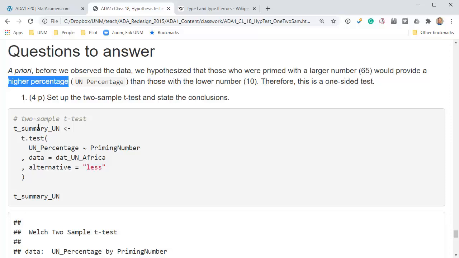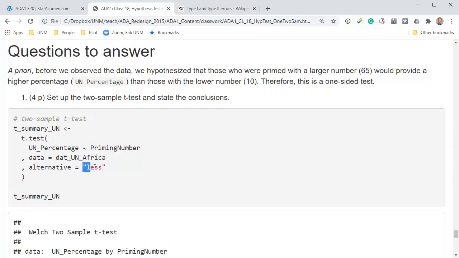So I've got the code here for a t-test, and in this case we've got two groups. This is our two-sample test, and we've got our response variable, the UN percentages, tilde the priming number. So what is the percentage conditioned on? It's conditioned on the priming number. The priming numbers define our two groups.